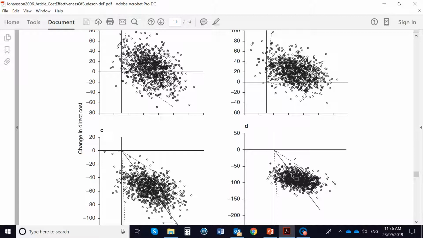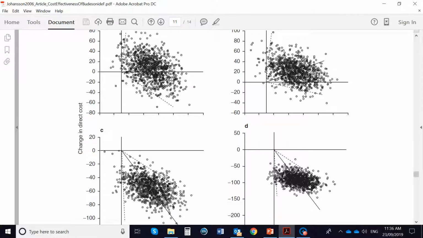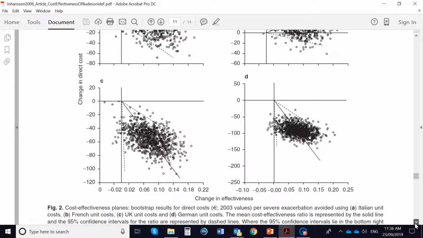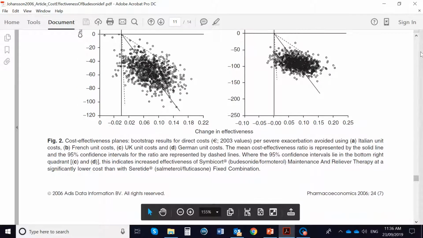As you can see, this is the area that we talk about that is cheaper and more effective. So it's a no-brainer on this one. Here and here is more like a cost effective one. If you look at A and B, French unit costs, they've discussed it in detail.